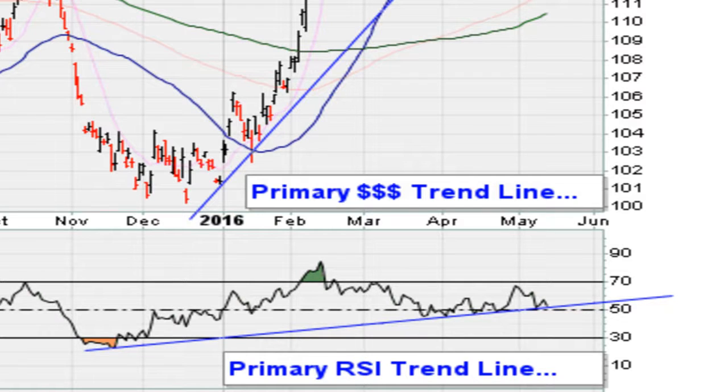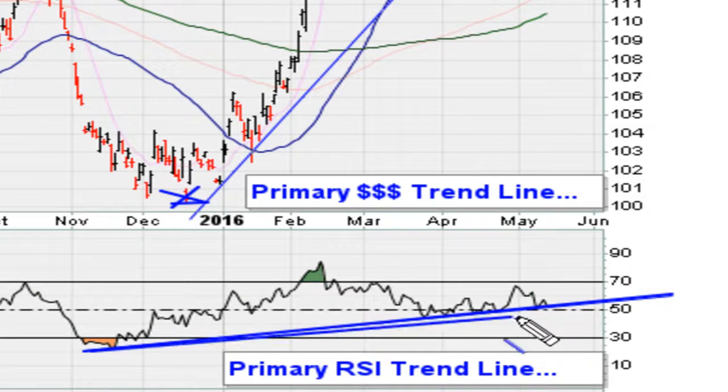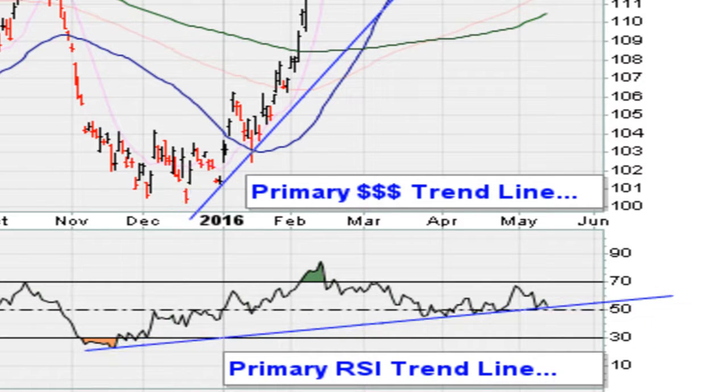A primary trend line is a trend line connecting a major low, and because this was a major low in gold, any trend line break here would be serious.